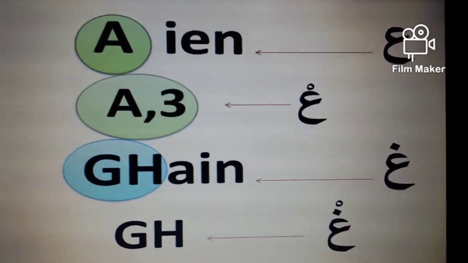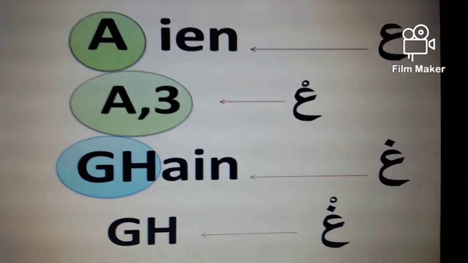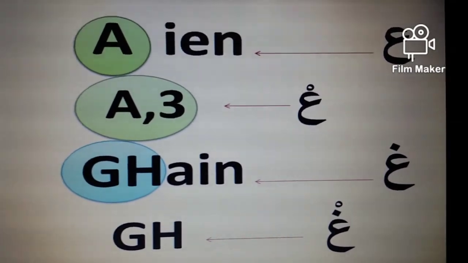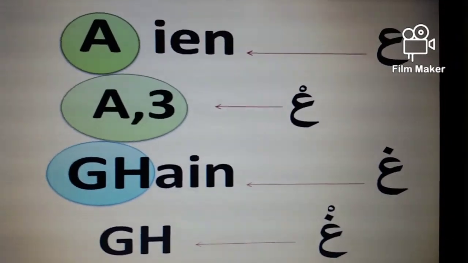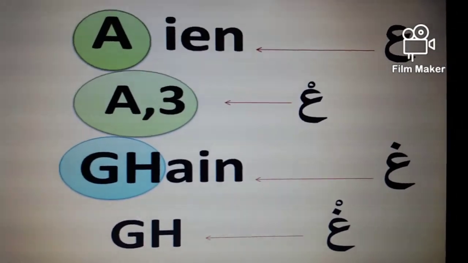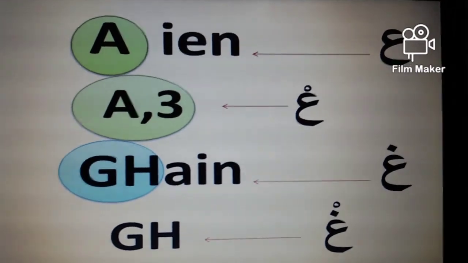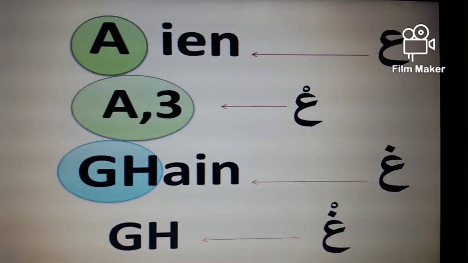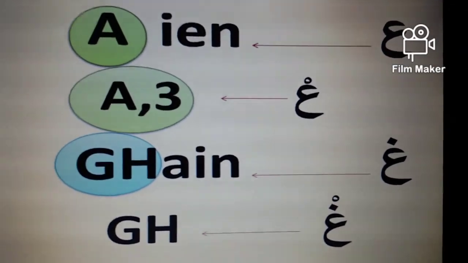Okay, but we say, you see here the number 3. That number 3 we put instead of the a, because there is no letter in the English language that matches the pronunciation of ayn.